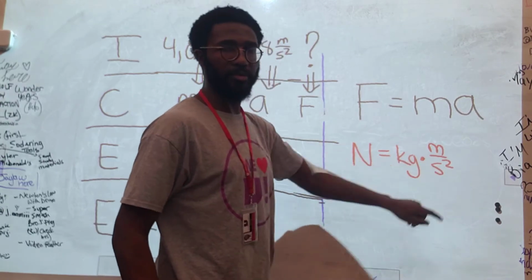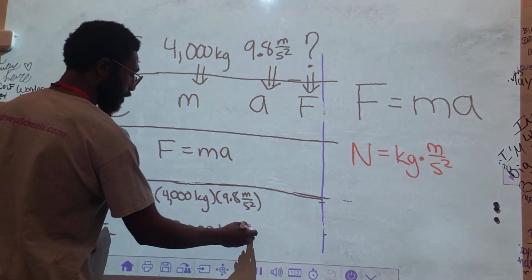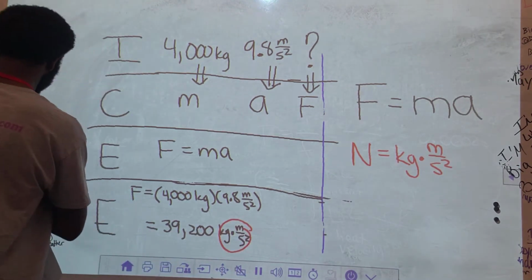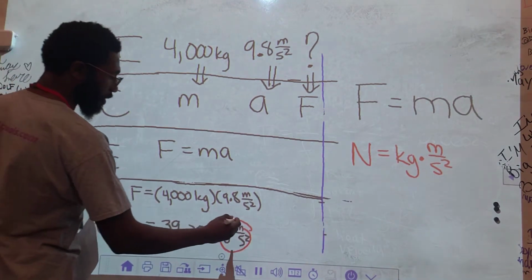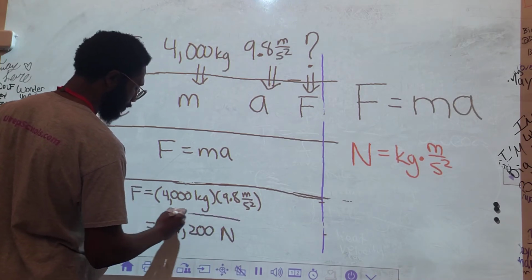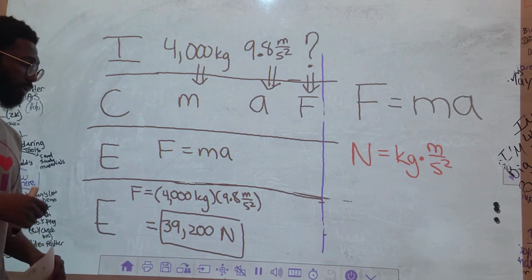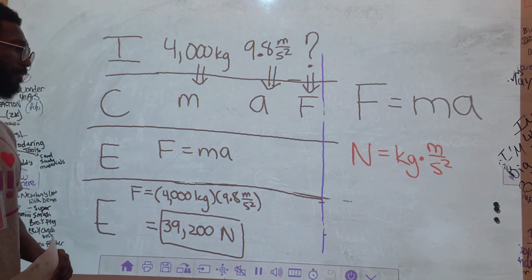So whenever I see kilogram times meters per second squared, like right here, I can erase that and just substitute in a newton. So our force on this car when it hits the ground is 39,200 newtons, all right?